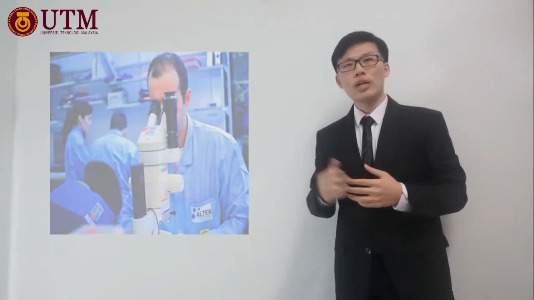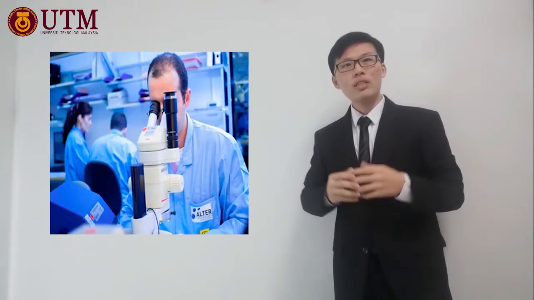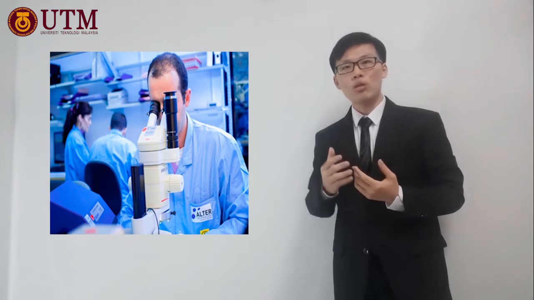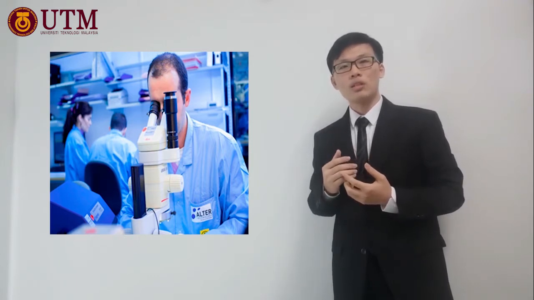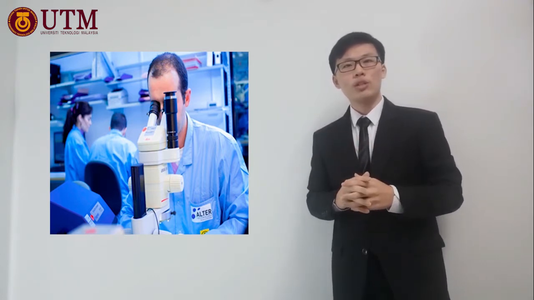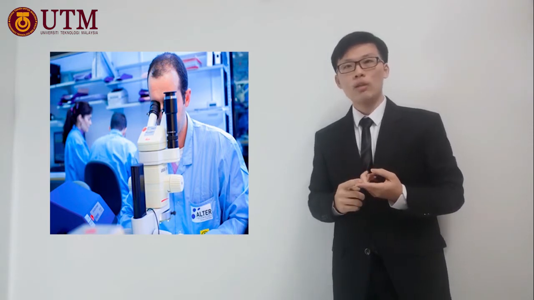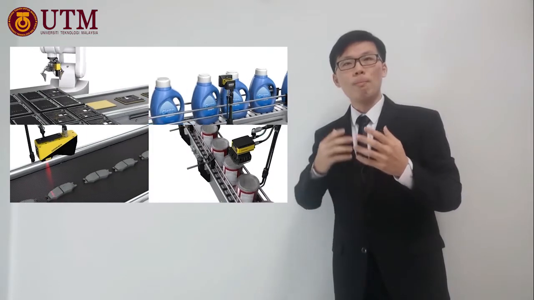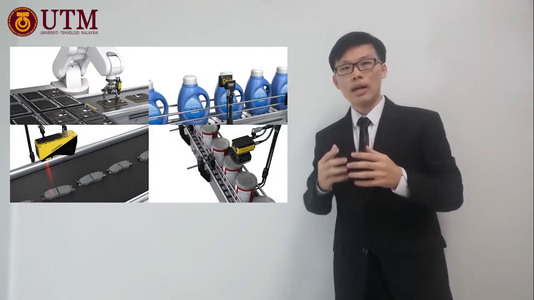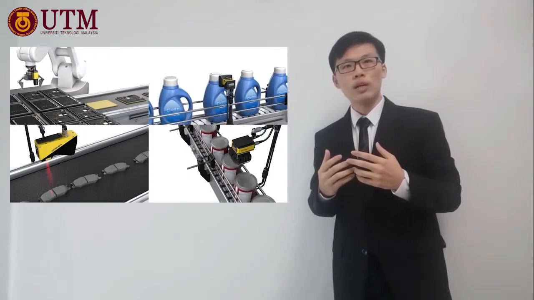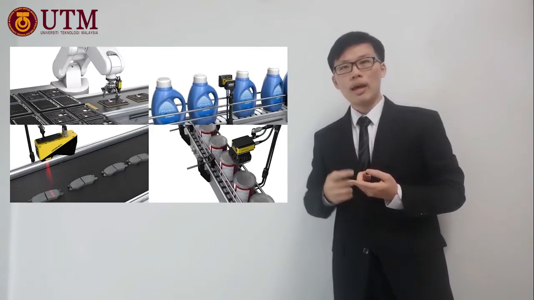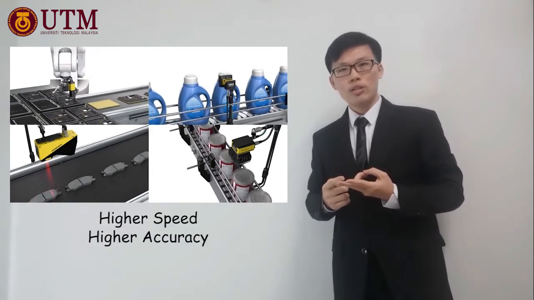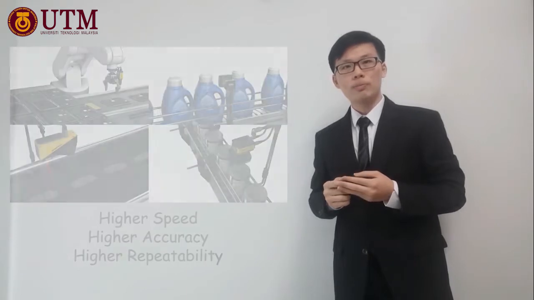Looking at the traditional inspection method, the human inspector does manual checking using their naked eyes, which has a lot of limitations, such as imprecision of eyesight and slow processing. So machine vision becomes a more cost-effective and reliable method to provide better quality products because it can inspect at higher speed, higher accuracy, and higher repeatability.